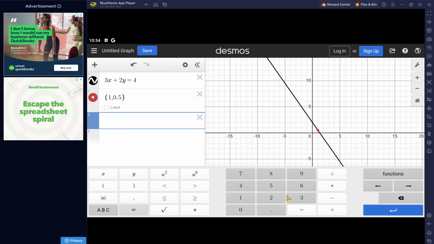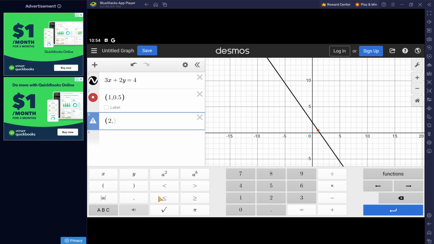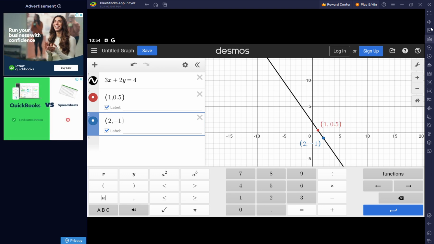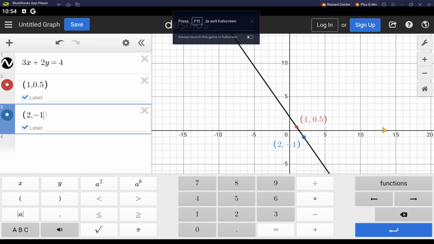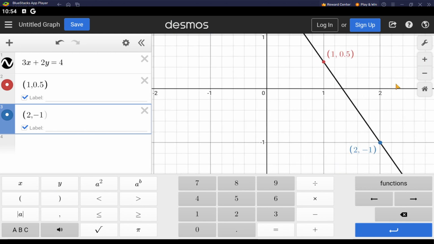Next, we have (2, -1). Let's have a label for it. So we can see in the graph that our coordinates are spot on within the equation of the line. So we can say that our answer is correct.